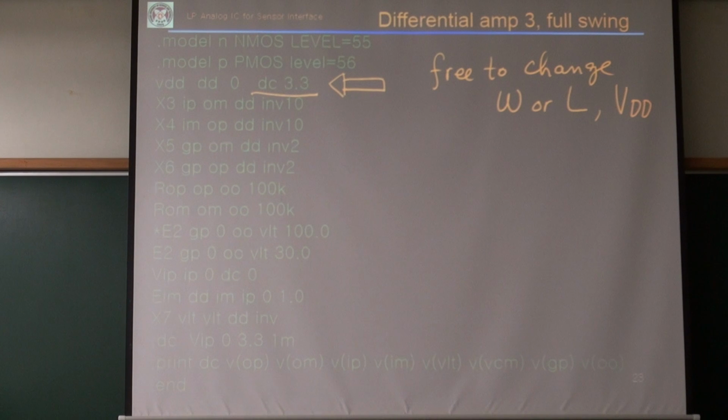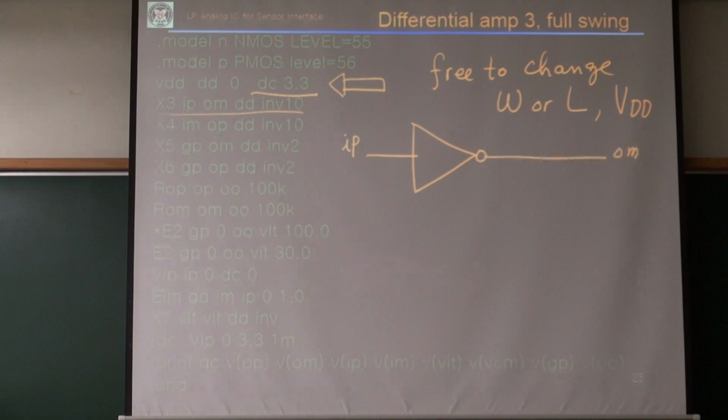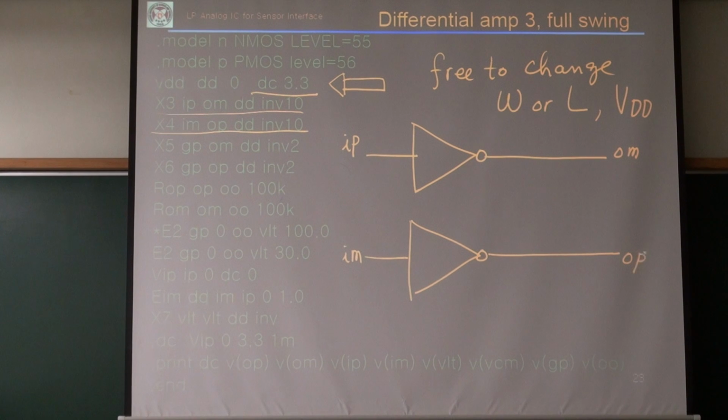So here let's just see. I have IPOM, just inverter 10. I have inverter 10 here, IPOM. OM, okay, and then I have another inverter 10, OP. And then what is the XP thing? Oh, this is GPOM.